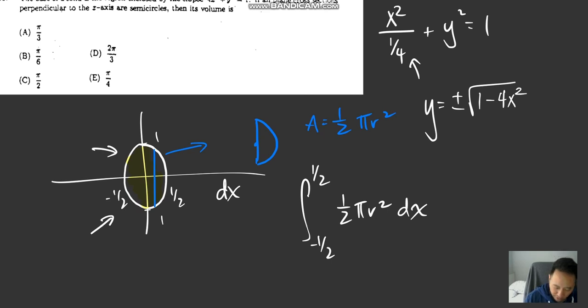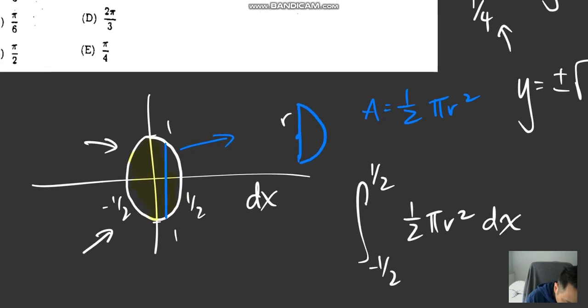Now, my radius: if I look at my semicircle right here, this would be my radius. If this top portion is y, then the distance from here to here is my radius, so r is simply y.